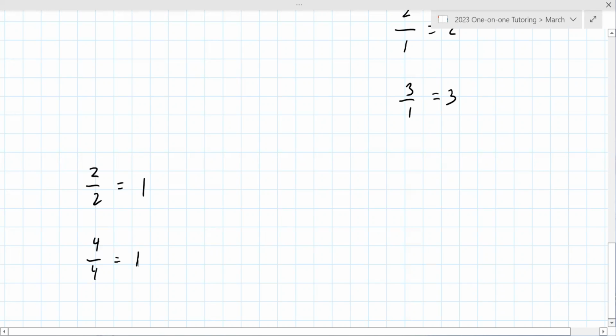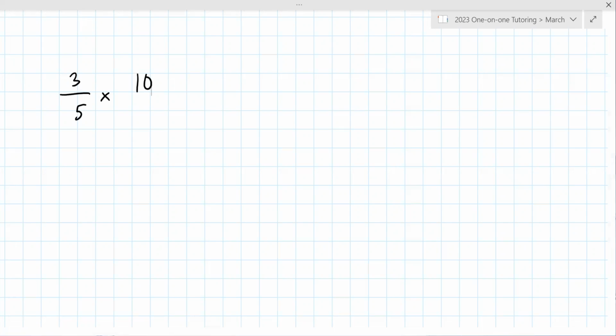Okay, let's try another one here. Let's go 3/5 times 10. Go ahead and try this one on your own, please. You do have to reduce.